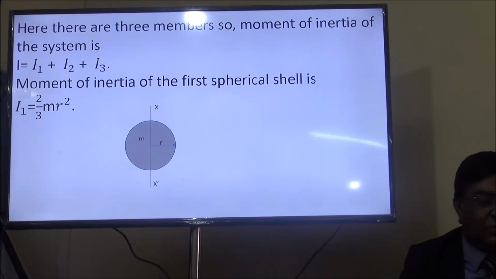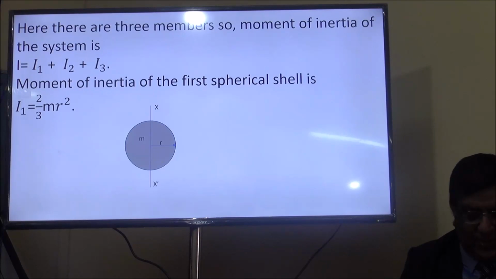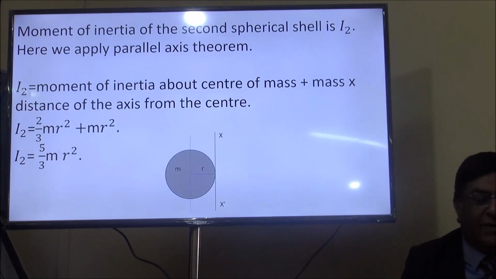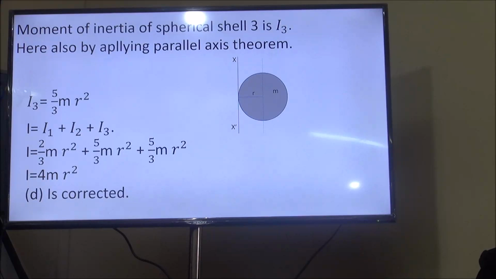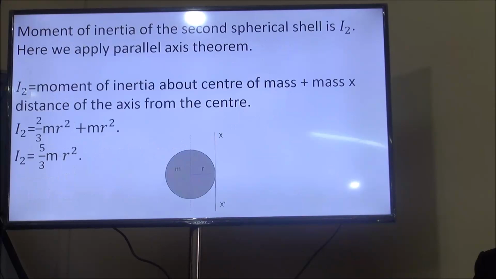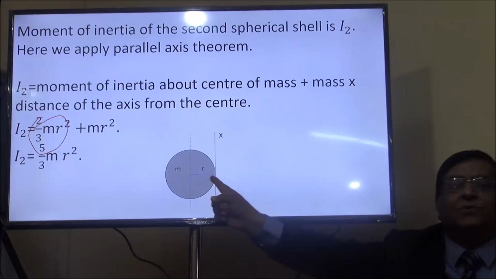Okay. So the moment of inertia of the first spherical shell is 2 upon 3 mr square. Moment of inertia of the second spherical shell, I2, by the parallel axis theorem, is 2 upon 3 mr square about the center, plus the total mass is m and this distance is r, so m into r square.